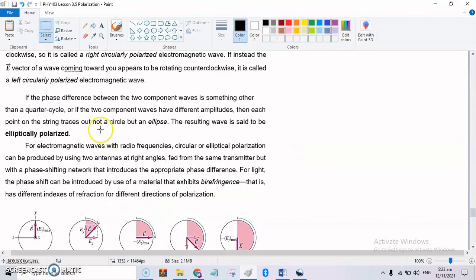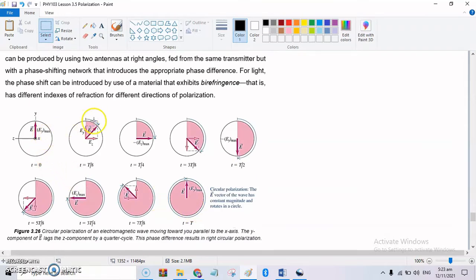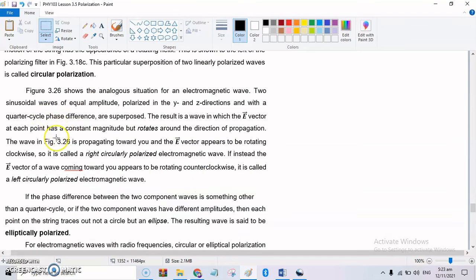And let's get back to the explanation here. Figure 3.26 shows the analogous case. The wave in figure 3.26 is propagating toward you, and the electric field vector appears to be rotating clockwise.